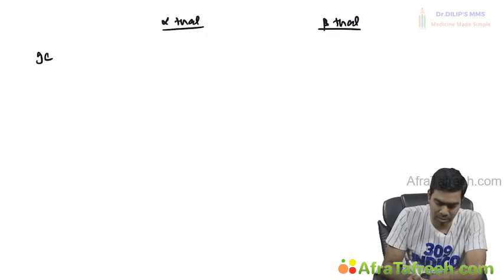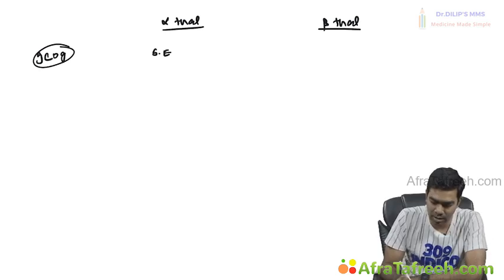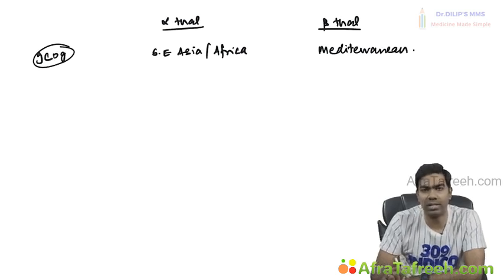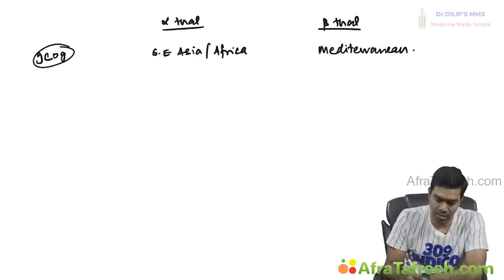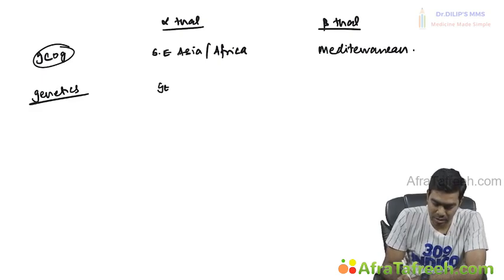First, the geographical differences: alpha thalassemia is very common in Southeast Asia and Africa, whereas beta thalassemia is very common in the Mediterranean regions. That is the reason beta thalassemia is also referred to as Mediterranean anemia. Then genetics: alpha thalassemia is very commonly due to gene deletions.